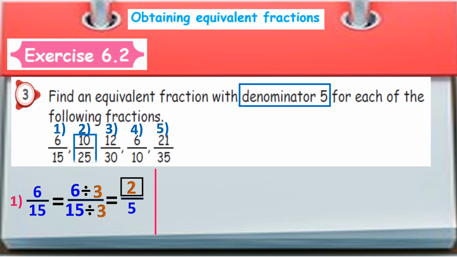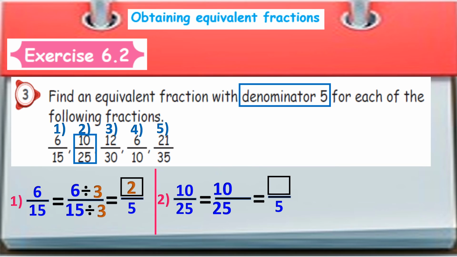Now come to the second sum, 10 by 25. Mention the denominator 5. Here also take out the same 10 by 25, and 25 must be divided by 5 to get 5 only, because 5 fives are 25, right? Okay. The numerator also I am going to divide, the 10 with 5.